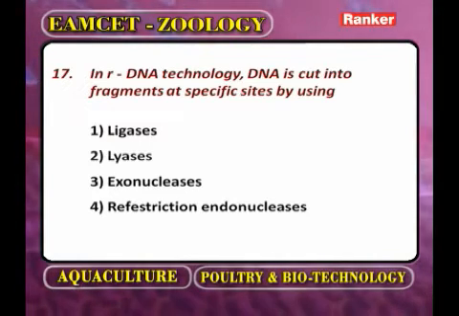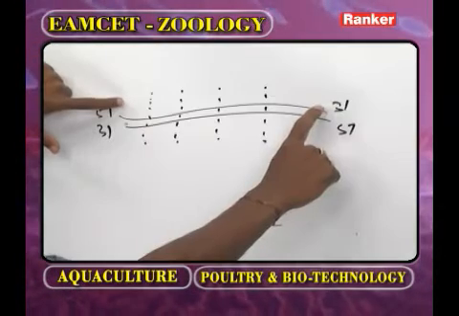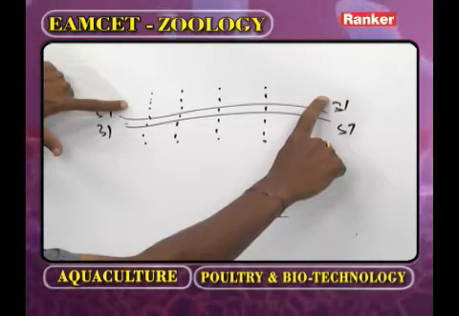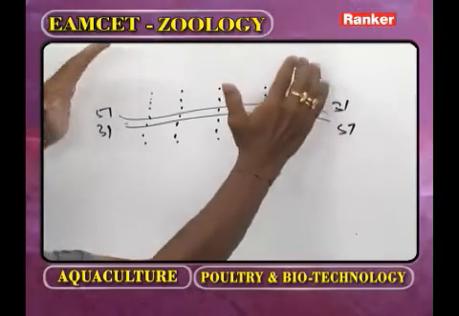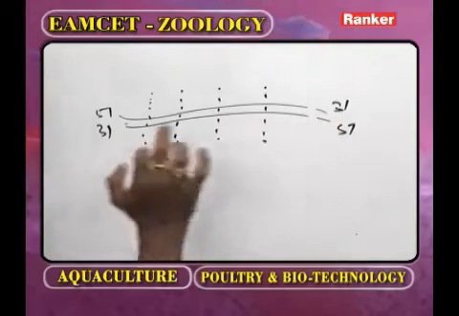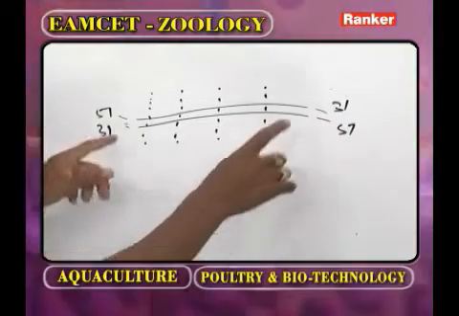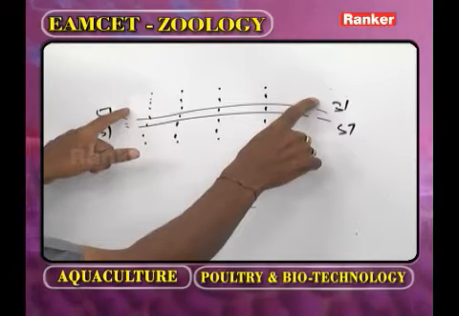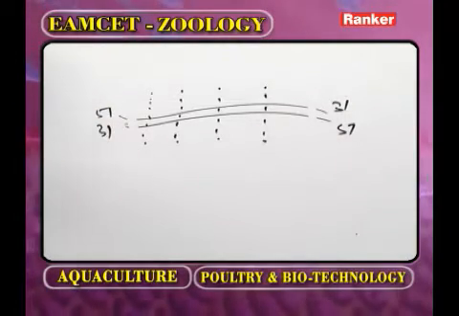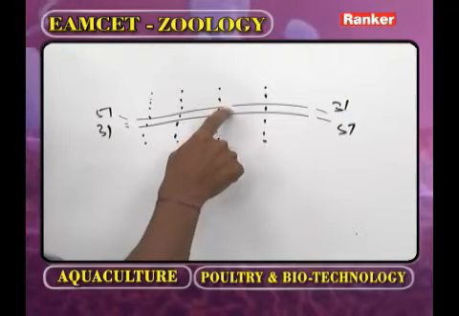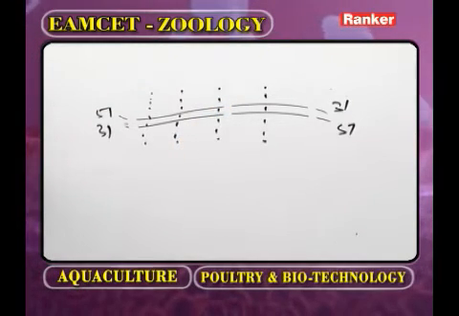Now, as we observe, exonucleases cut the DNA strand terminally. You observe the diagram. Exonucleases cut the DNA strand externally. What about the endonucleases? They cut the DNA strand internally.